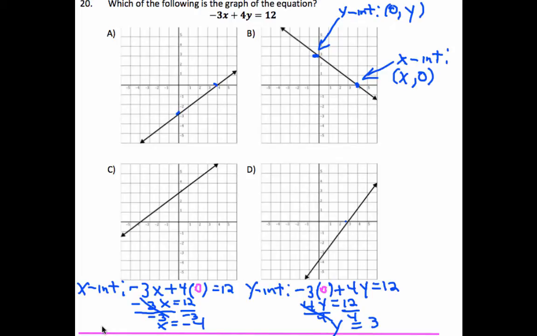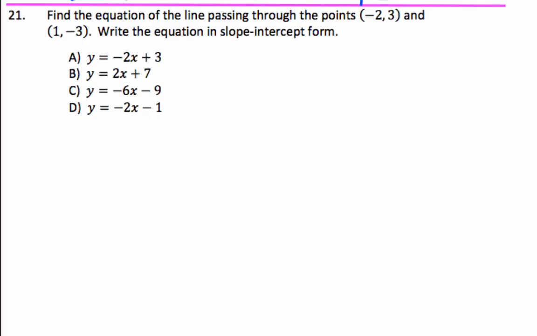So we see the x-intercept is negative 4. Now the only graph that has an x-intercept of negative 4 is graph C, so that's the correct choice. But let's look at our y-intercept. Our y-intercept is 3, and graph C does have a y-intercept of 3.